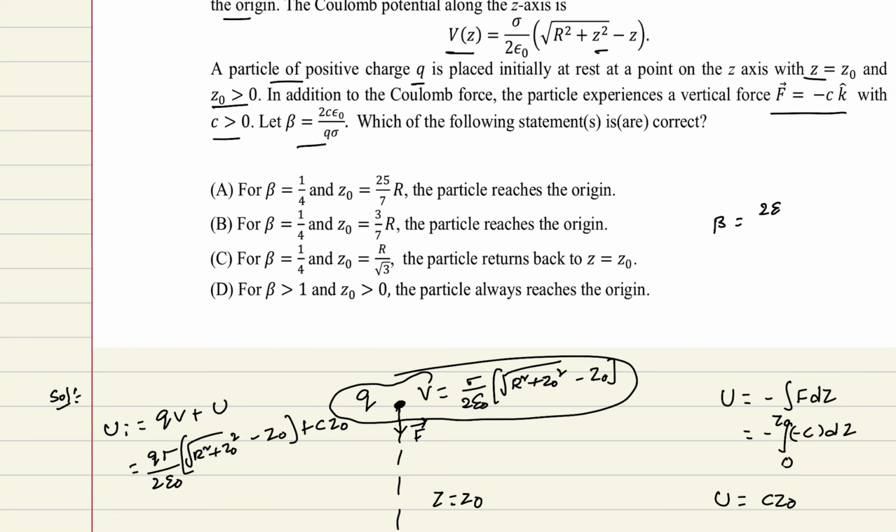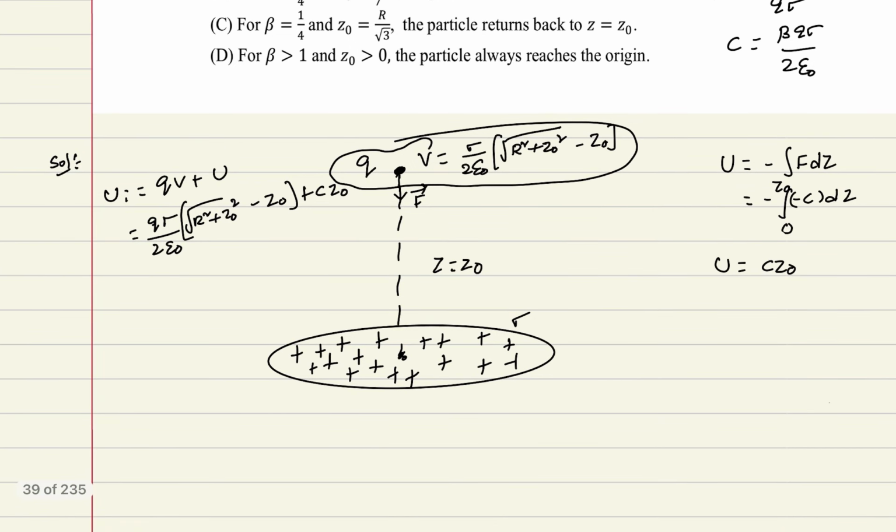Then what is the c value? According to the question, beta is equal to 2c epsilon naught by q sigma. Calculating, q c is equal to beta q sigma by 2 epsilon naught.